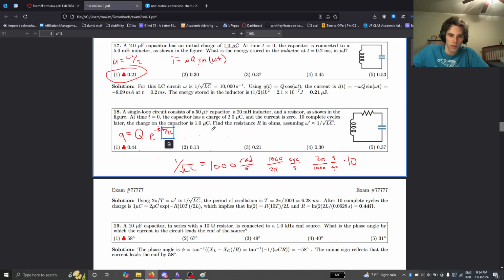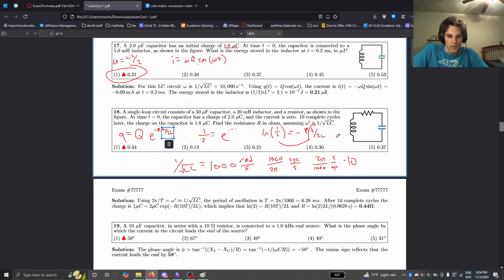So 1/2 equals e to the whatever. Then we take the natural log of both sides. We get natural log of 1/2 equals the whatever, and here the whatever in question is RT over 2L. So we can just shove this to the other side and we get our R.